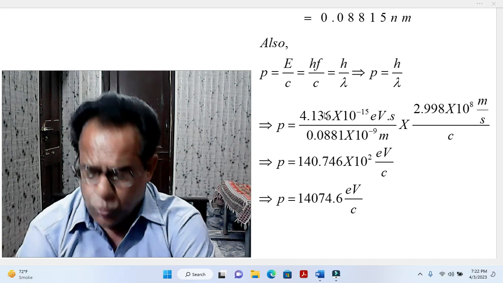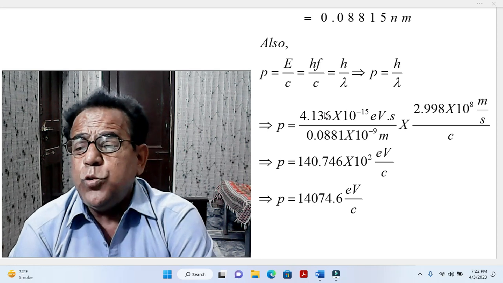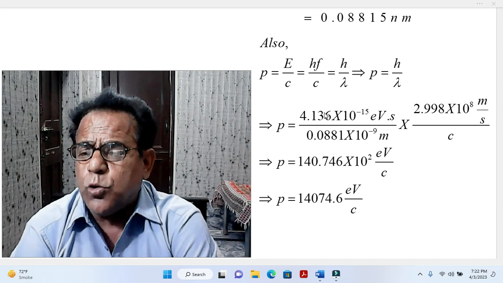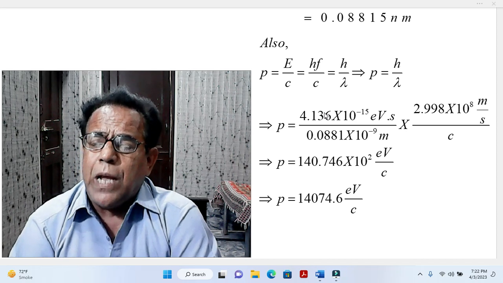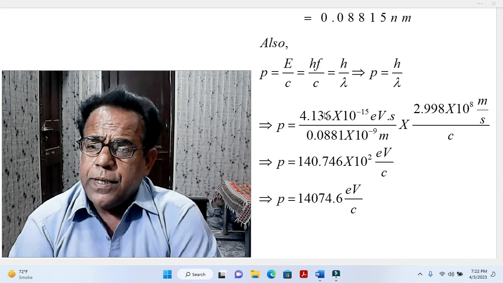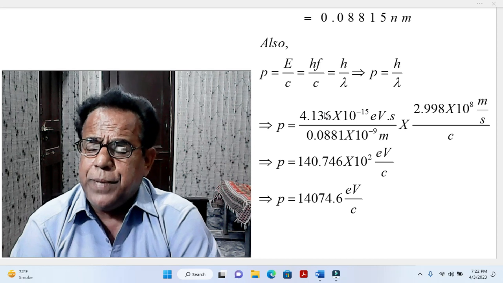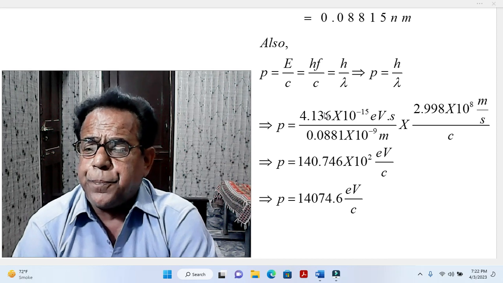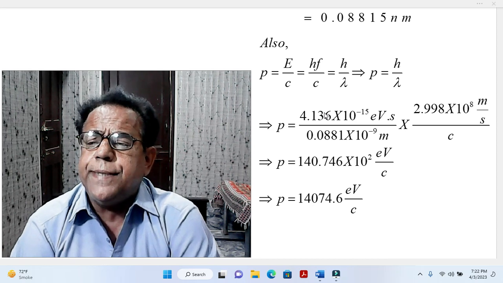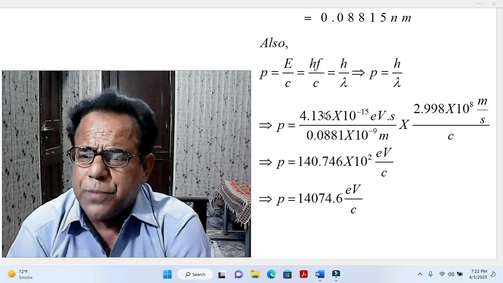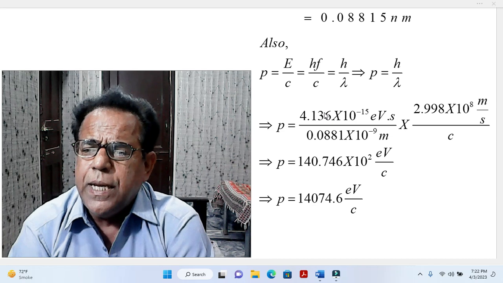So using that tool, regarding the definition of momentum of photon, we develop a foundation to reshape this expression so that we may find the value of P or the value of PC. It is an almost similar concept, whether we find the value of P or PC.